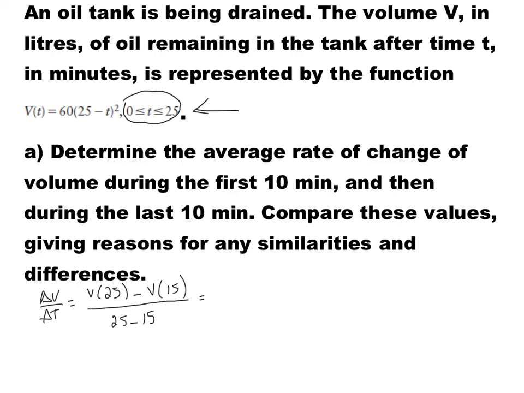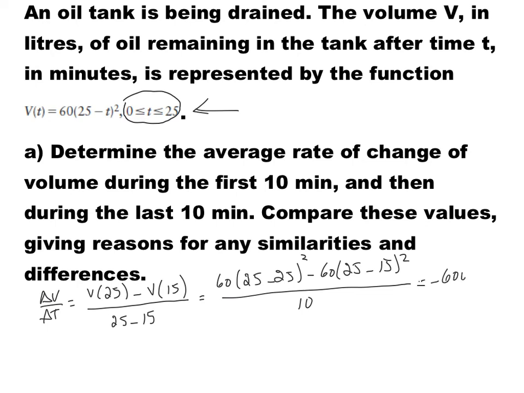This is going to be 60 times (25 minus 25) squared minus 60 times (25 minus 15) squared, divided by 10. If we evaluate this one, we get negative 600 liters per minute.